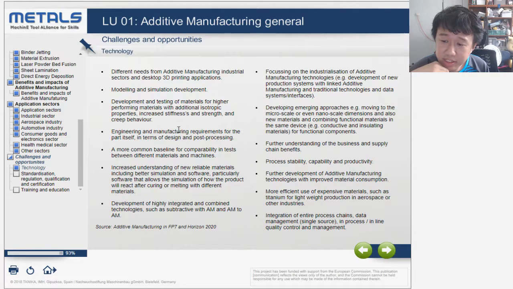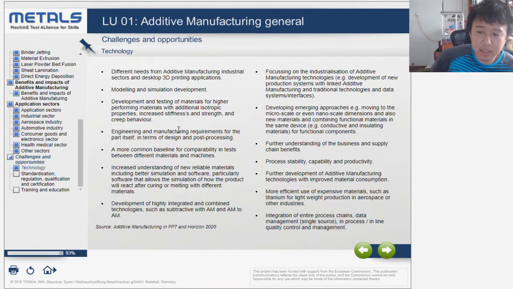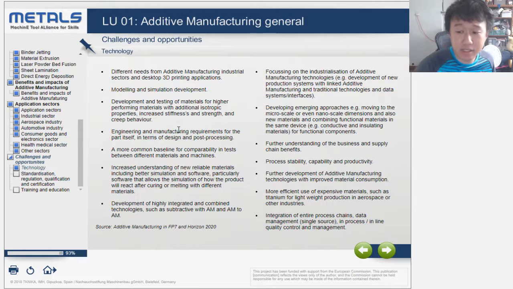Focusing on industrialization of additive manufacturing technologies, development of new production systems with linked additive manufacturing and traditional technologies. Oh, I think it's trying to show some kind of process monitoring system.